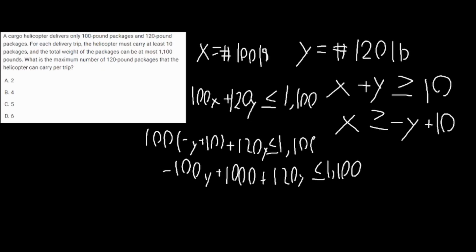Adding everything together and subtracting 1,000 from both sides, we will get 20y is less than or equal to 100. Finally, dividing by 20, we get y is less than or equal to 5, which is answer choice C.